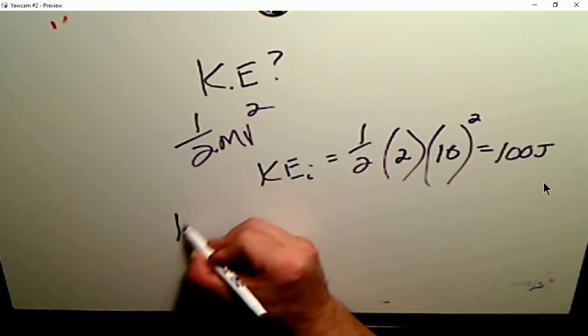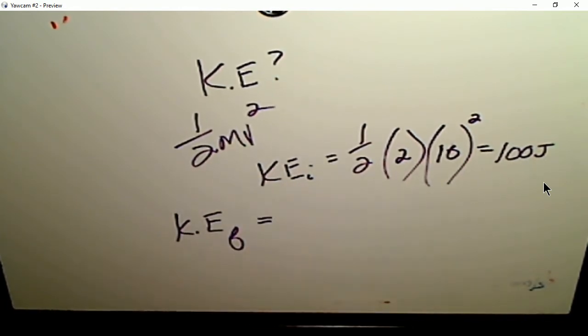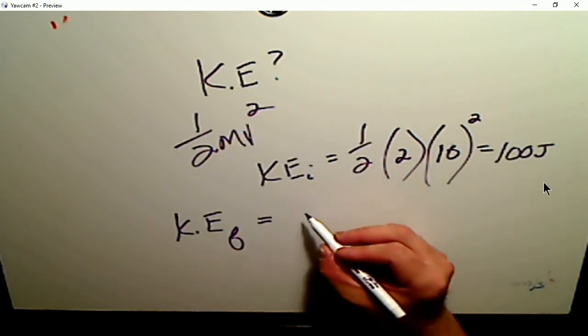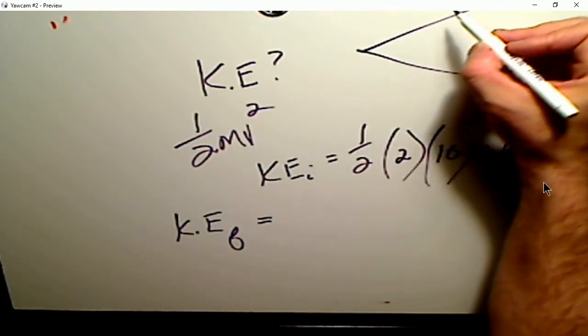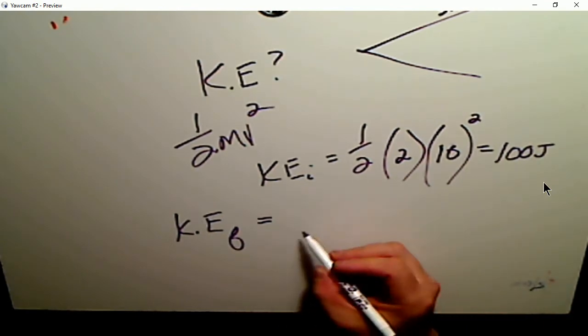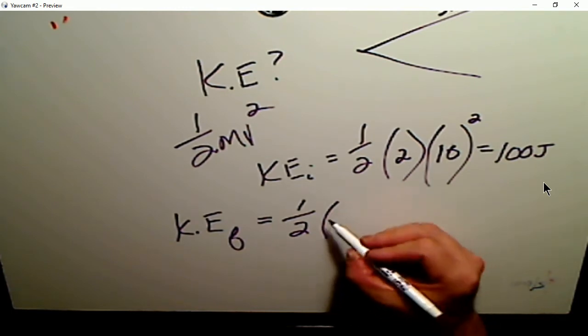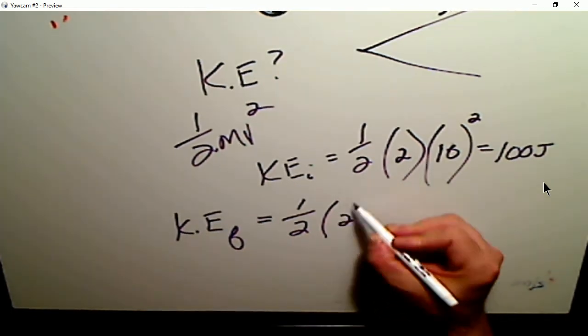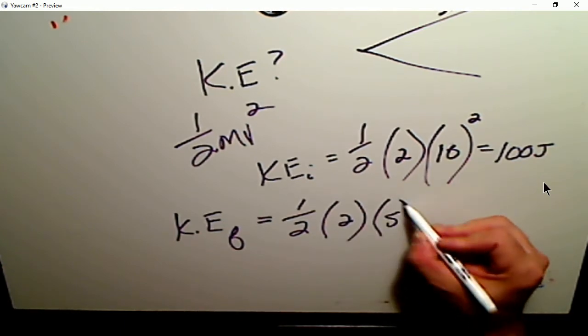What is the kinetic energy after? The final kinetic energy. Well, our first ball we defined, if you remember, going at 5 meters per second. Remember, kinetic energy is a scalar. 1/2 times 2 times 5 squared.